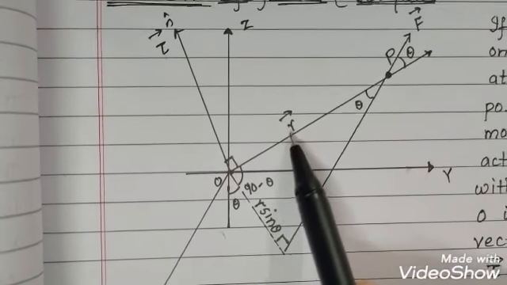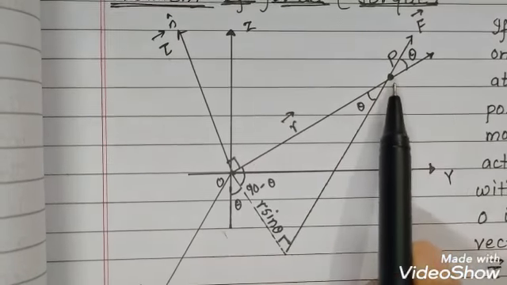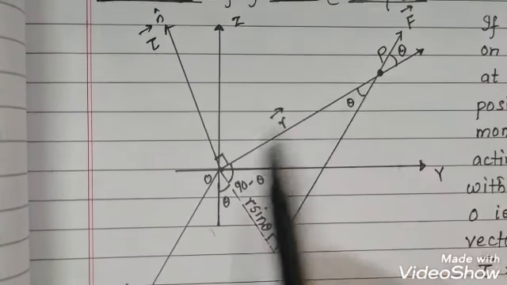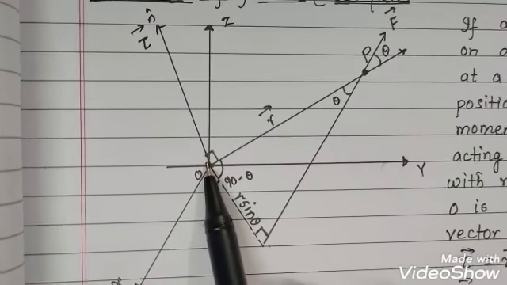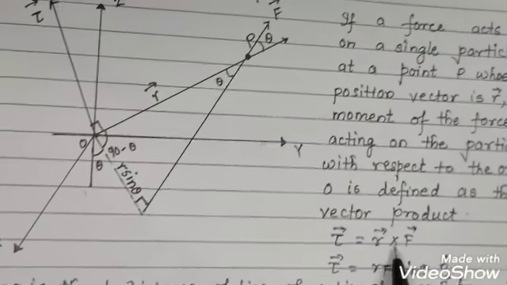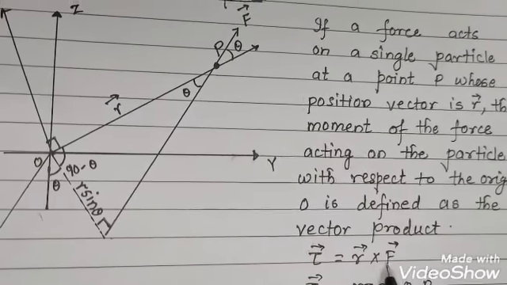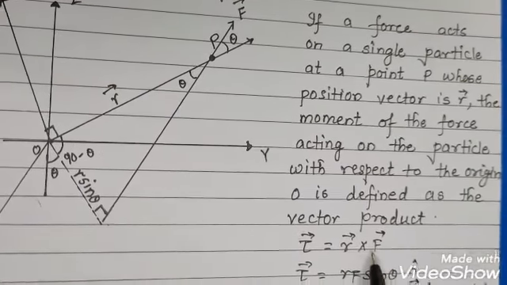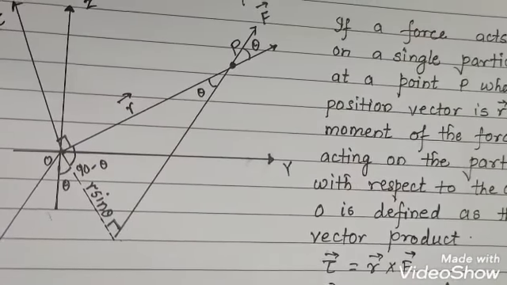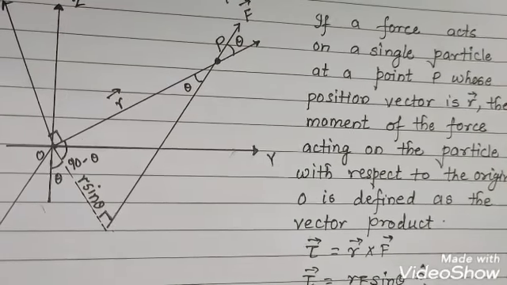This is r, and the moment of force acting on the particle with respect to the origin O is defined as the vector product of r cross F. That is the vector product of r and F. So this is r cross F, or we can write tau equal to rF sine theta, or we can write this as Fr sine theta.